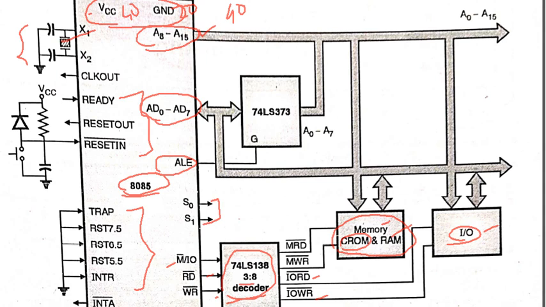Also the address and data are multiplexed, that is AD0 to AD7.